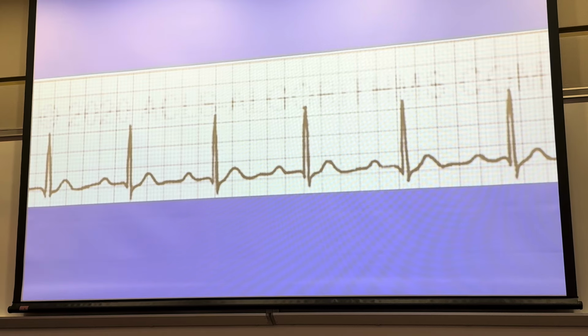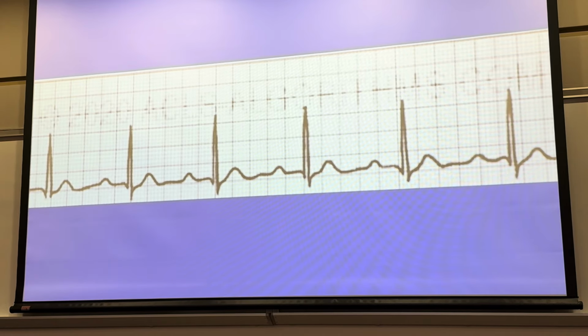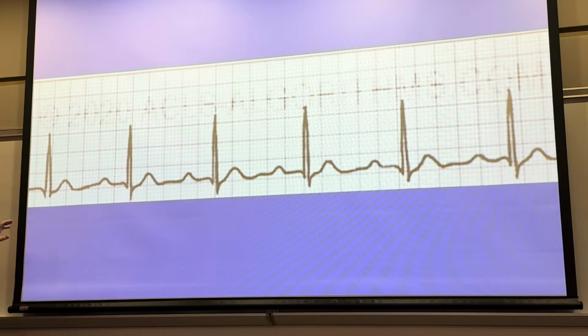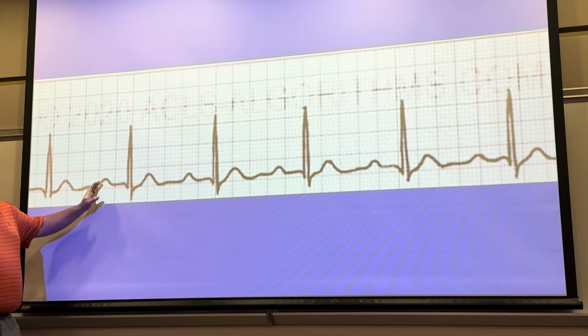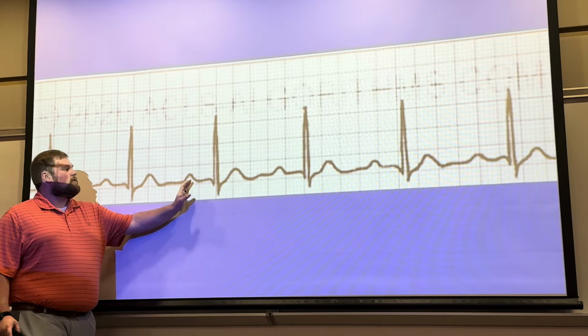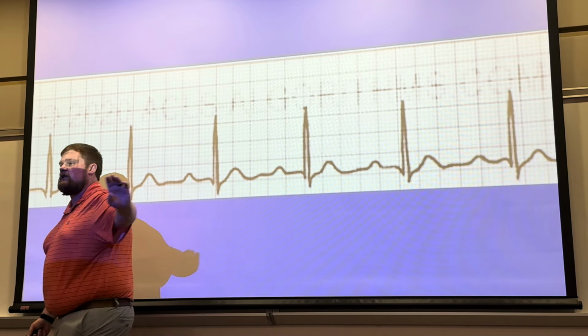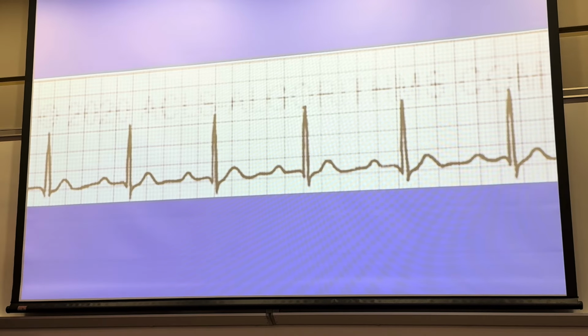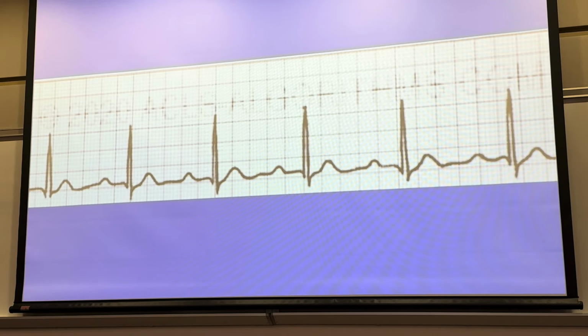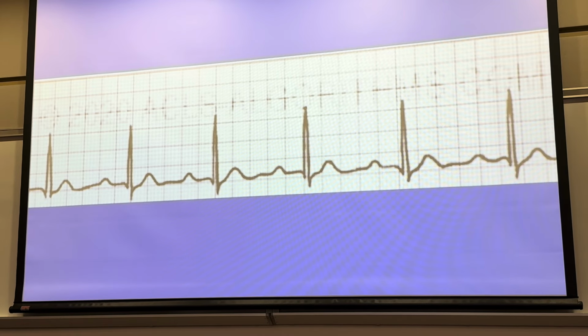That's the only thing that's wrong with this EKG strip. Prolonged PR interval with our first degree heart block. Nothing else is missing though, right? Got a P wave, QRS, T wave. P wave, QRS, T wave. Am I missing any QRS complexes going across? So nothing's dropping. I'm not losing a heartbeat. Just the prolonged PR interval.